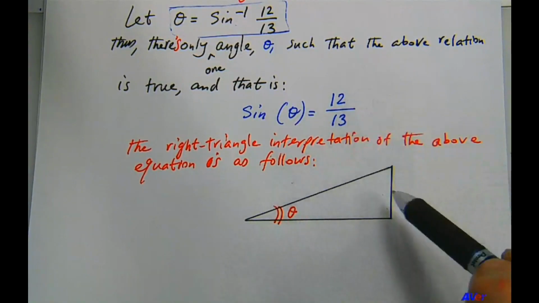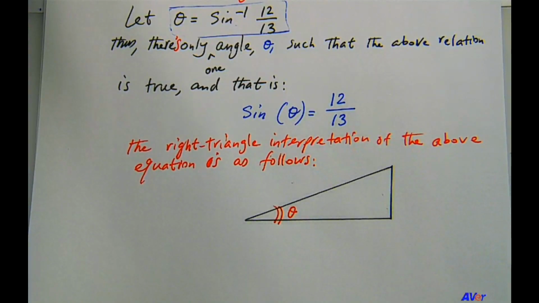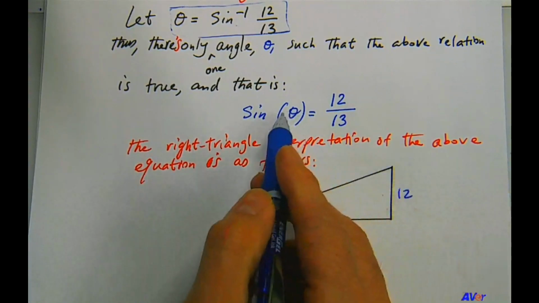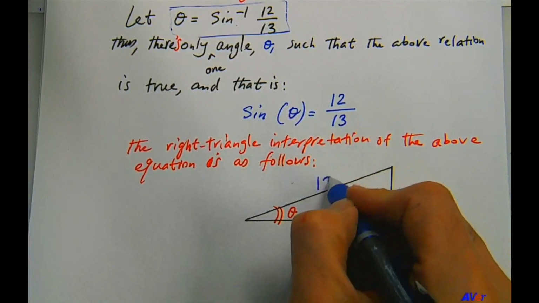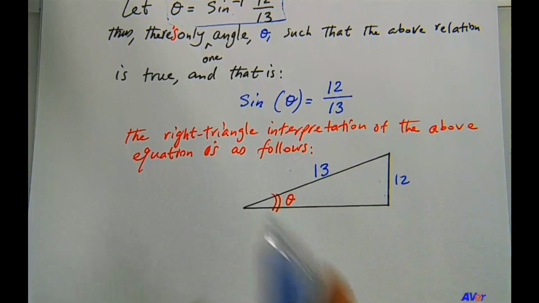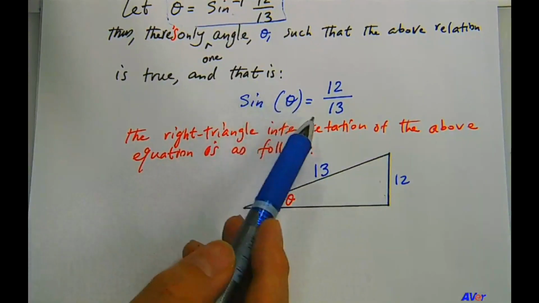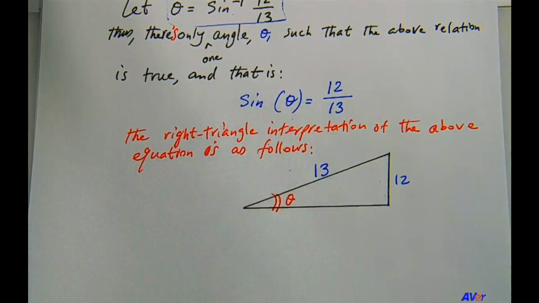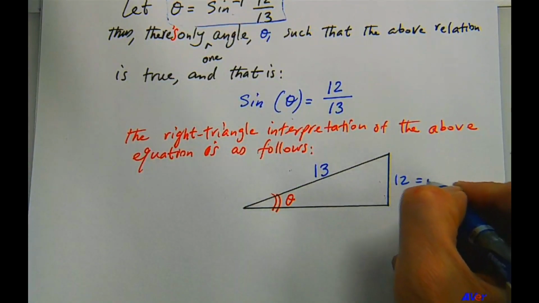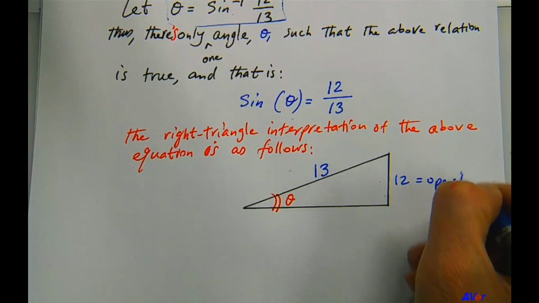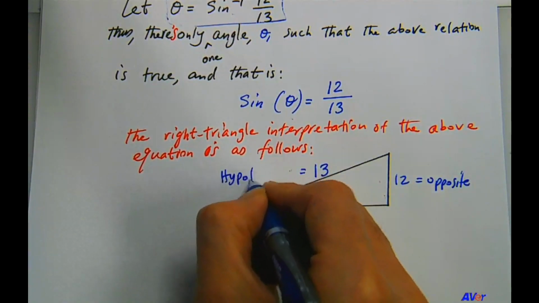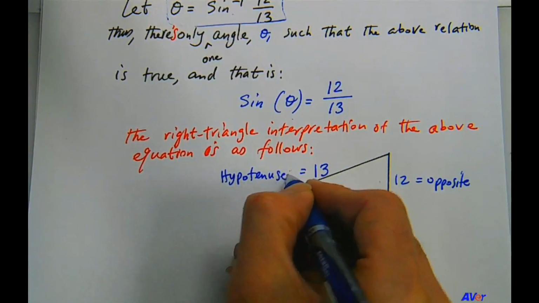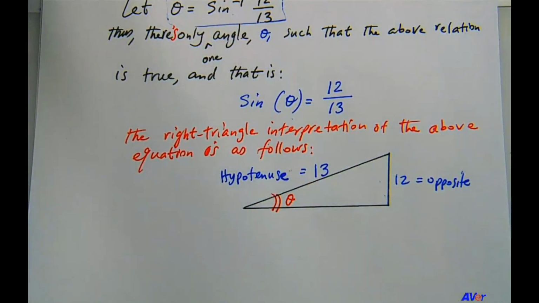So the opposite must be 12, and the hypotenuse length must have been 13. Okay, so we geometrically interpreted this equation. That's all we did. And this is the opposite, and this is the hypotenuse. Okay.